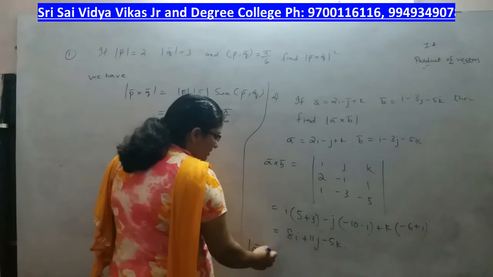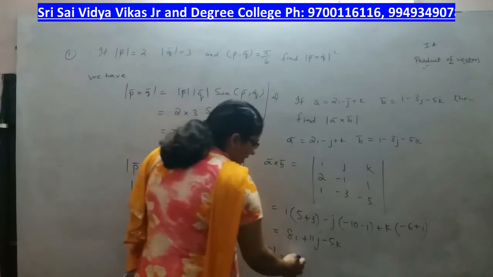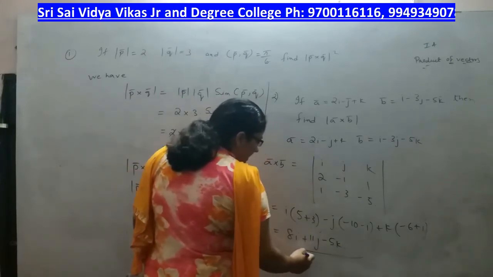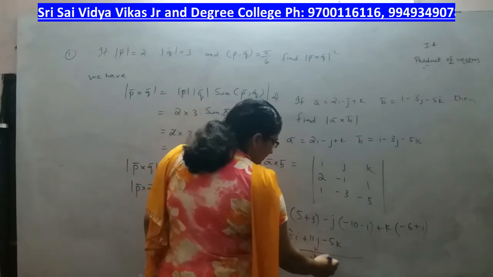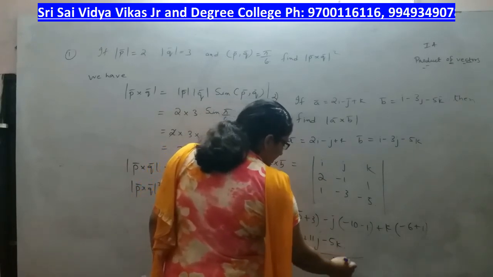Modulus of a bar cross b bar is equal to under root of 8 square plus 11 square plus minus 5 whole square.